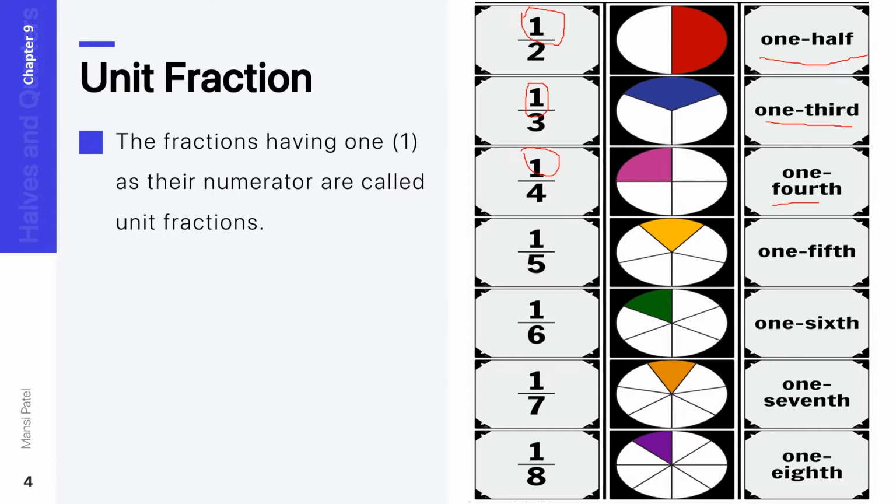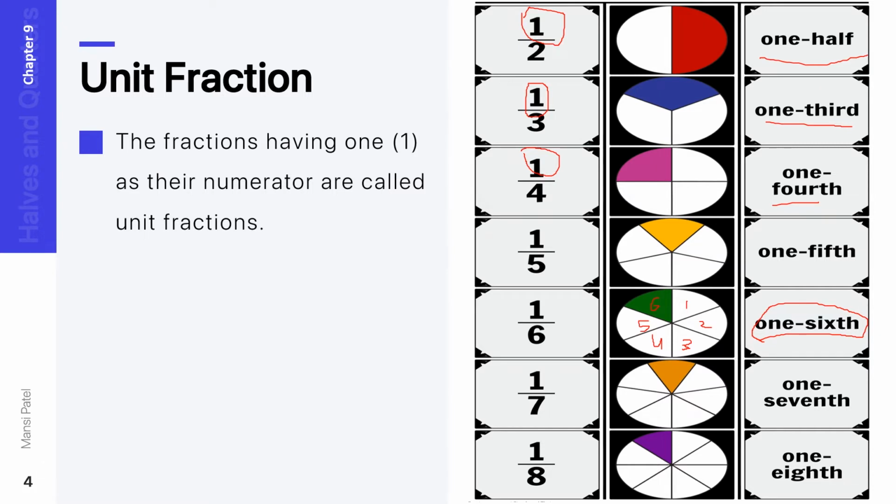Now let us revise. What is the meaning of 1/6? 1/6 means you draw one circle and cut that circle into 6 equal parts. See here: first part, second part, third part, fourth part, fifth part, and this one is the sixth part.